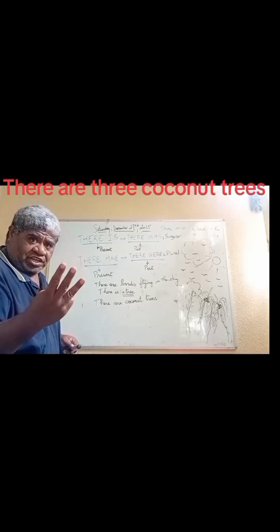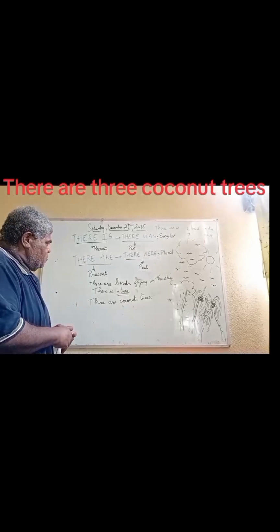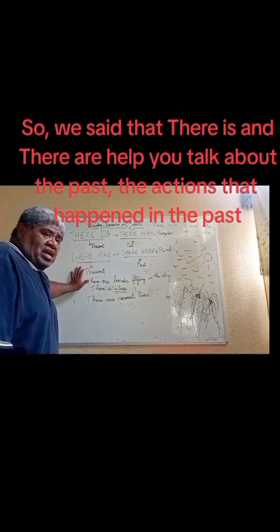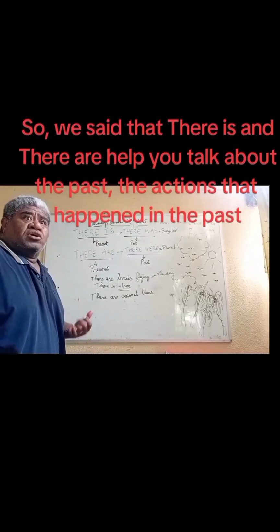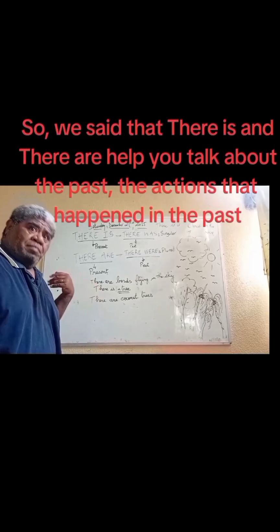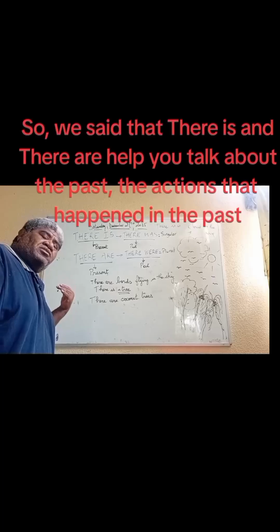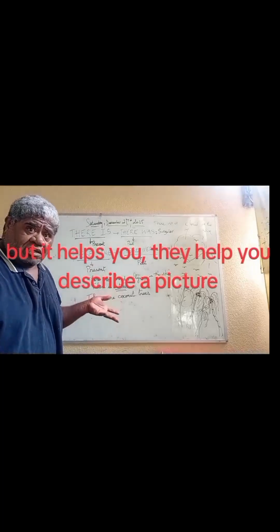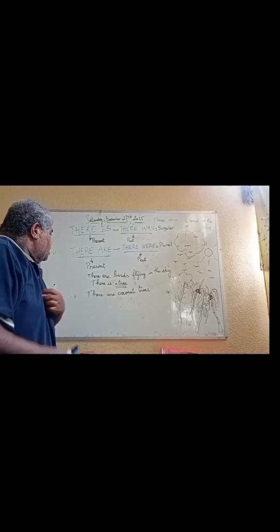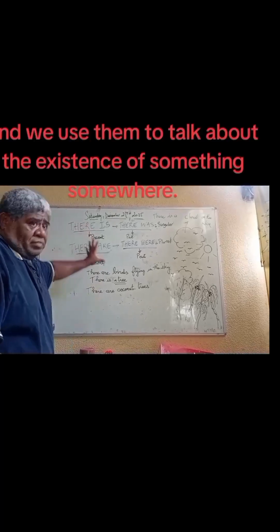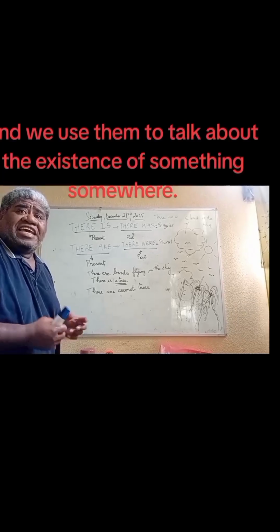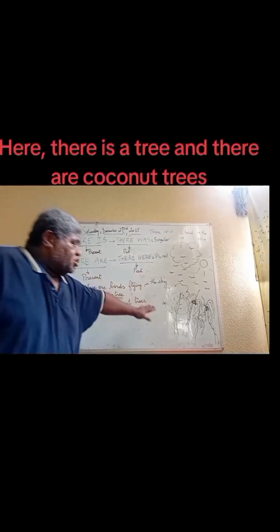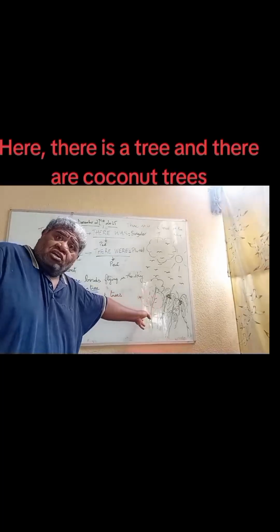So we said that there is and there are help you describing a picture, and you use them to talk about the existence of something somewhere. Here, there is a tree and there are coconut trees.